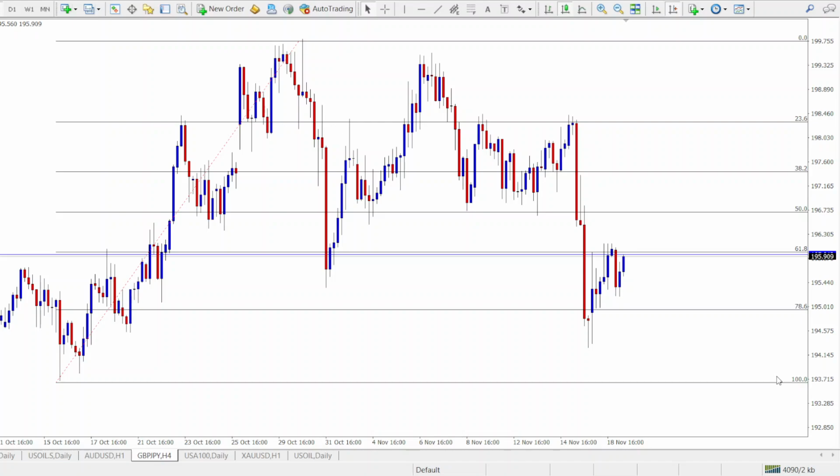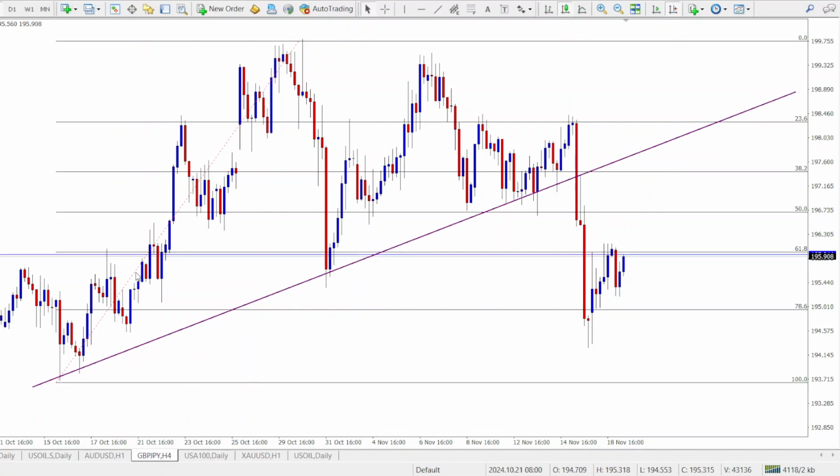Now, trend lines, on the other hand, highlight the direction of the market. For example, we can see that with the aid of the trend line, we knew that this was a bullish trend, and then we had a breakout around here. So the trend line helps us to identify the direction of the market and shows us where price might reverse or continue.